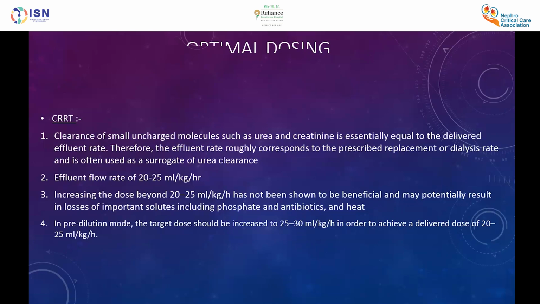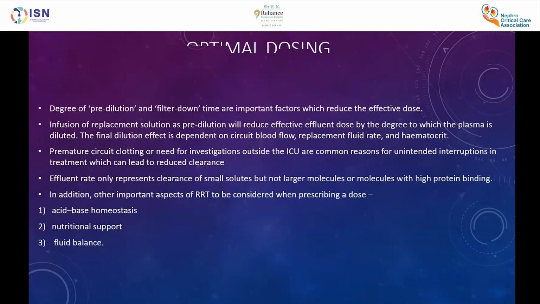In a pre-dilution mode, the target dose should be increased to around 25 to 30 ml per kg per hour in order to achieve a delivered dose of 20 to 25 ml per kg per hour. The degree of pre-dilution and filter downtime are important factors which reduce the effective dose.